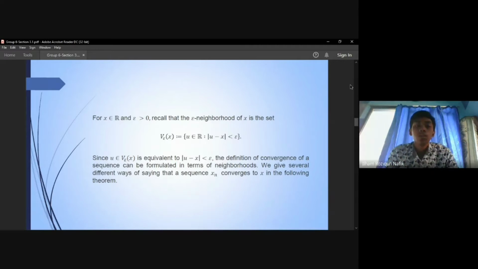Since u an element of the epsilon neighborhood of x is equivalent to the absolute value of u minus x less than epsilon, the definition of convergence of a sequence can be formulated in terms of neighborhoods. We give several different ways of saying that a sequence x_n converges to x in the following theorem.